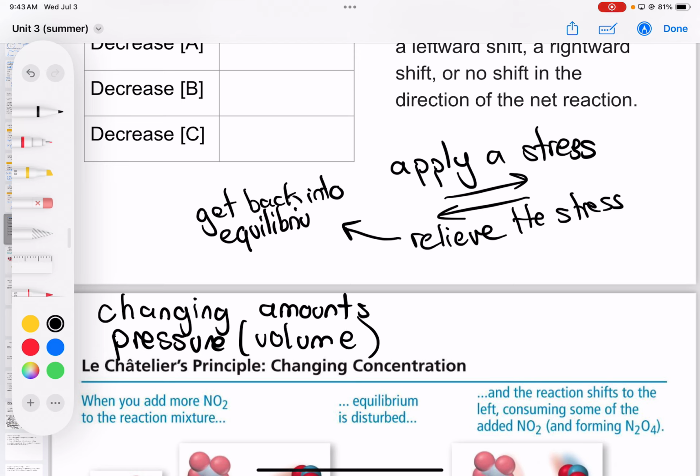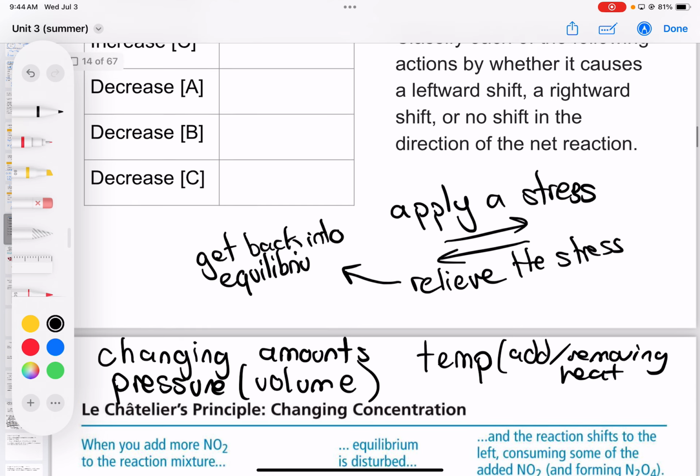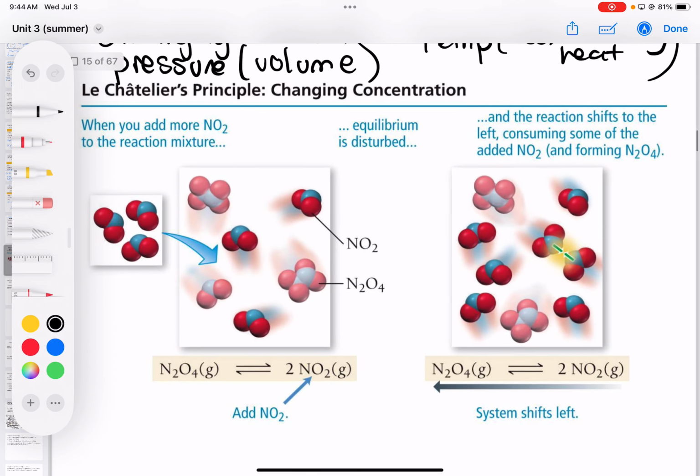So if you decrease the volume, that increases the pressure. And then the last thing is changes in temperature, so adding or removing heat. Okay. So maybe let's look at this picture first and then do the sample problem.